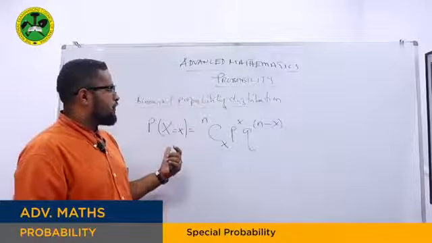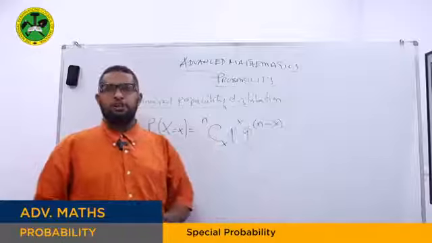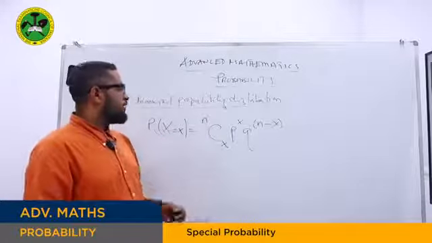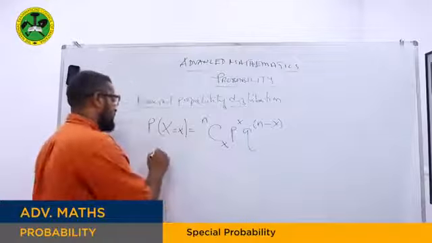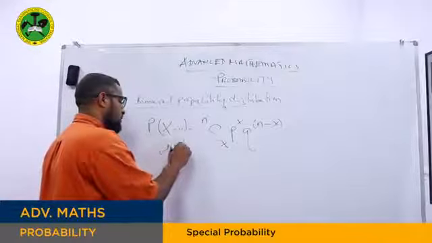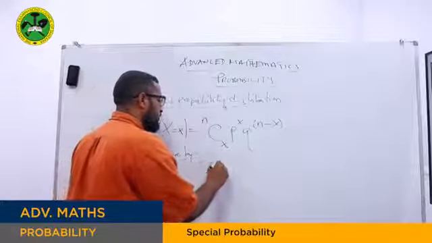Now this is the formula for finding probability under binomial distribution. But what do C, p and q stand for? We need to know. C stands for combination.